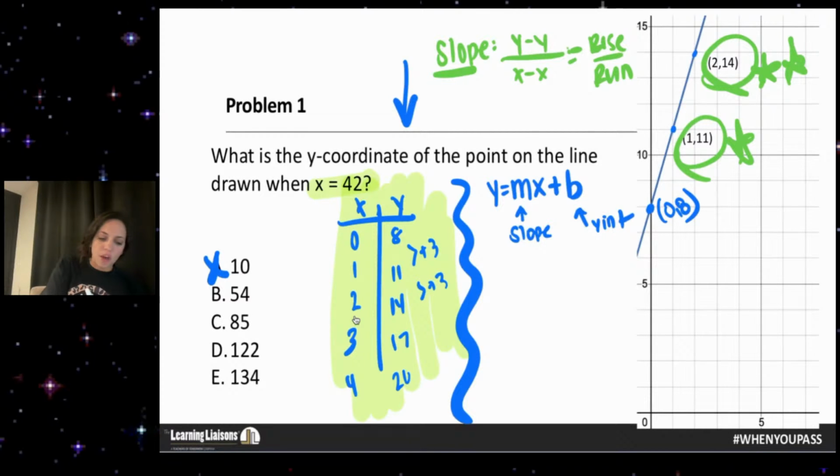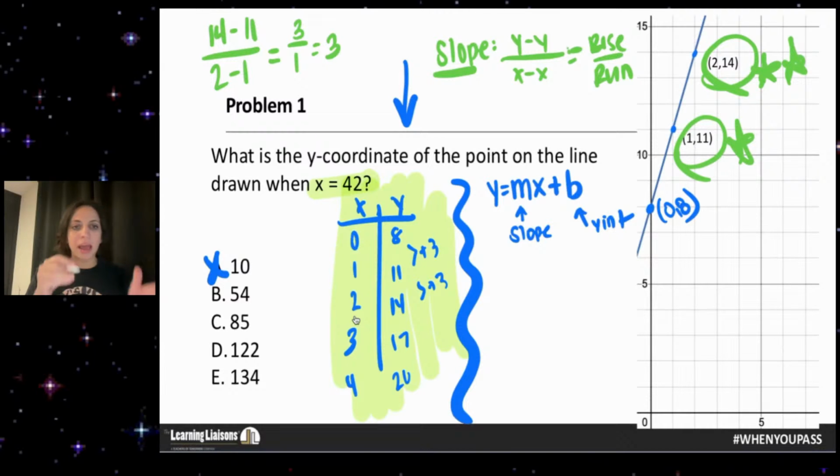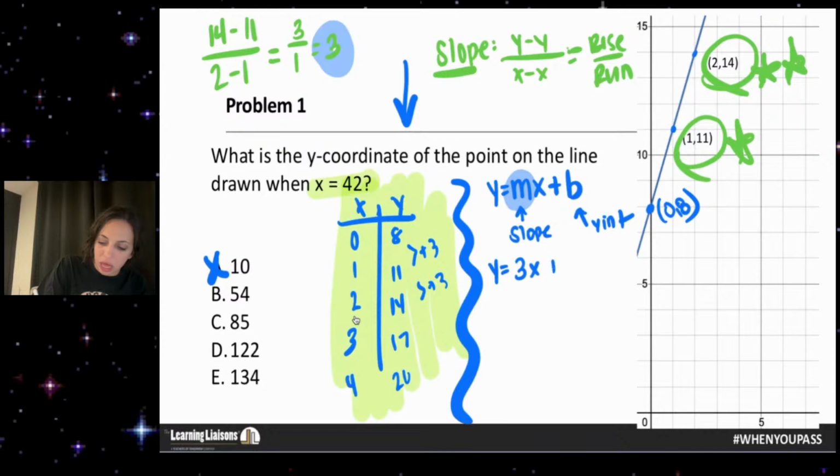So I'm going to do 14 minus 11 divided by 2 minus 1. 14 minus 11 is 3 over 1. The slope is 3. So going back to my equation, I just solved for slope. So I'm going to do y equals slope x plus b. What is my y-intercept?